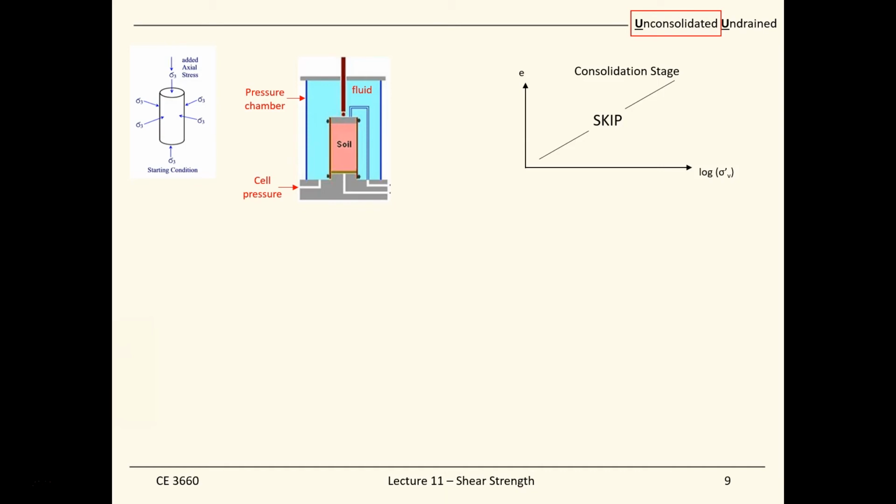You apply a pressure all along your soil sample, and the soil sample is isolated from the outside fluid with a latex membrane. When you pressurize the whole thing, the fluid pushes on the membrane or the caps, such that the soil is feeling the lateral stress, which is the confining stress.